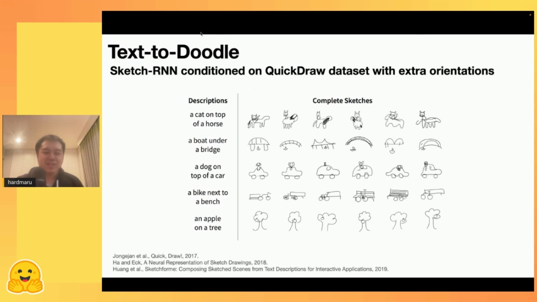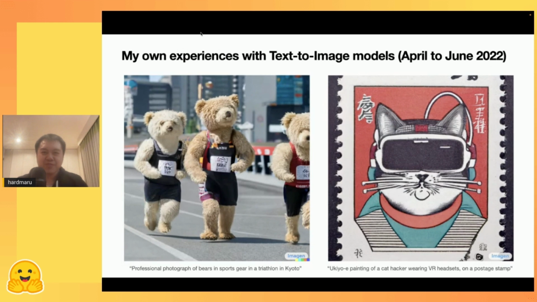So around that time, I was working on many research problems, and fast forward a few years, just from April of this year, when OpenAI and Google started demoing their text to image models, I had a fantastic experience playing around with text to image models.